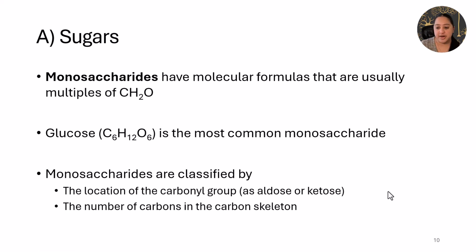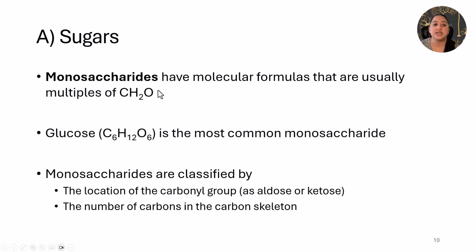And now this is the subcategory, sugars. We'll just focus on that for now. So monosaccharides, again simple sugars, have molecular formulas that are usually multiples of C, 2 hydrogens, and an O. So carbon, 2 hydrogens, and 1 oxygen.